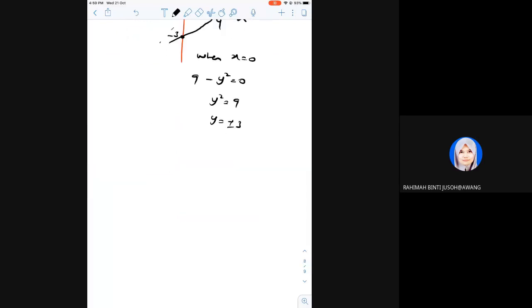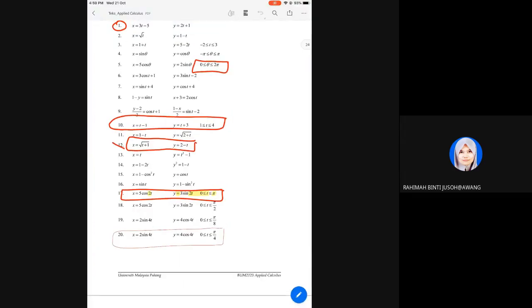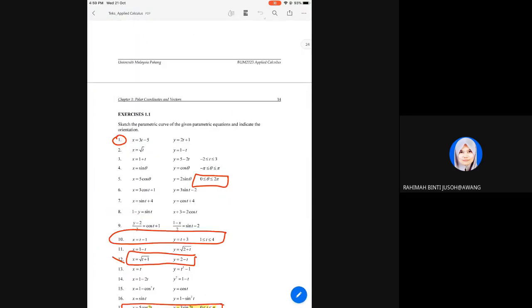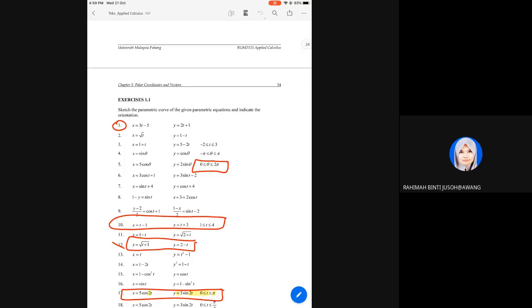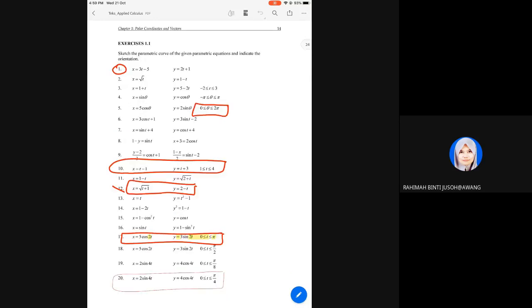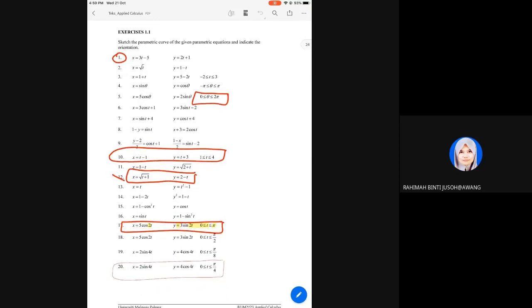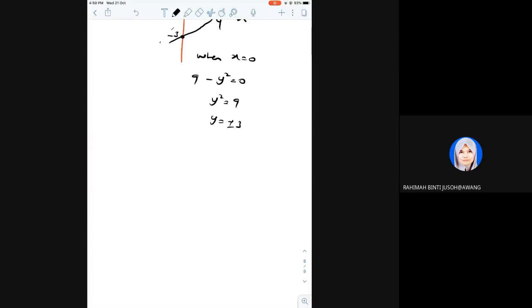Let's do question exercise kita ni. Saya nak cari yang pelik-pelik sikit. Okay, let us do question number 12. Alright, question number 12.